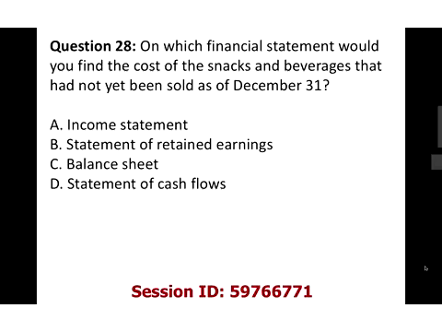The cost of all those items, just going back to basics here, which financial statement would you find the cost of the snacks and beverages that had not yet been sold as of December 31st? Okay. On which financial statement would you find the cost of those snacks or beverages that had not yet been sold as of December 31st?